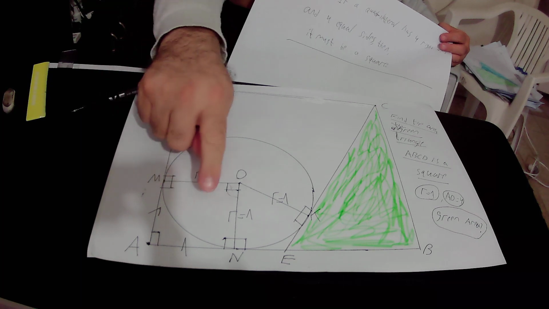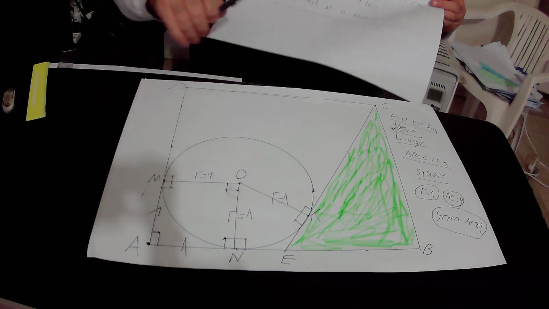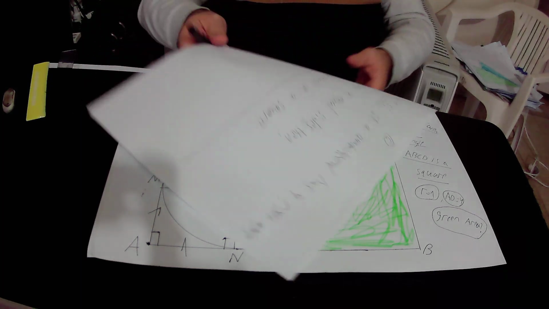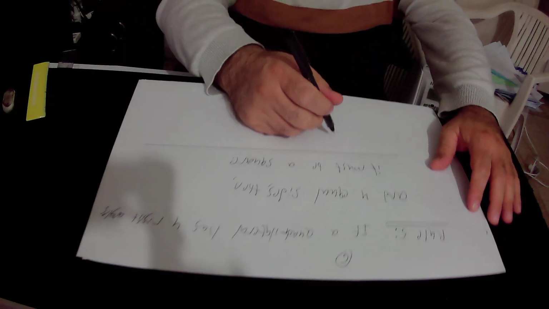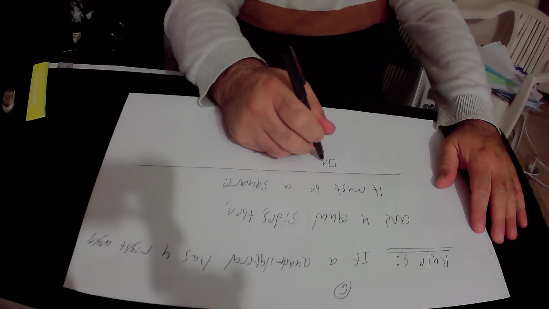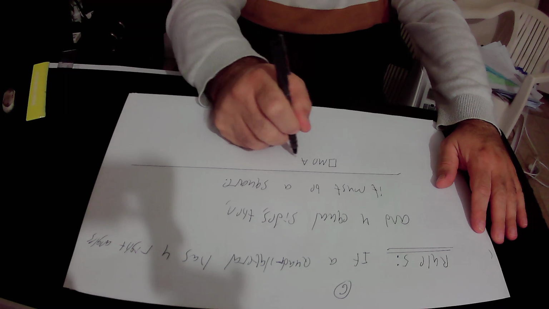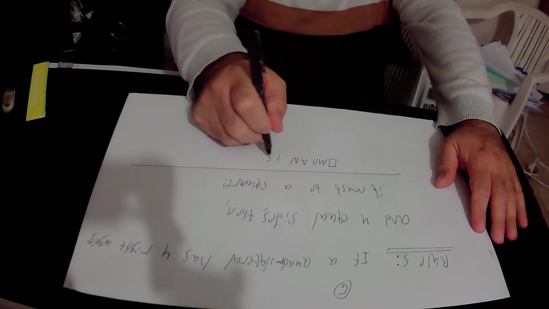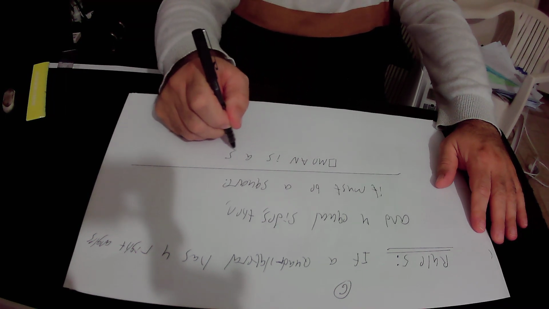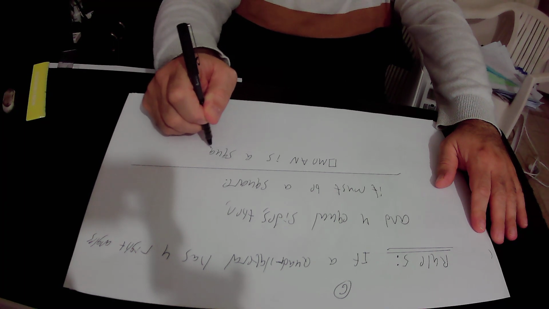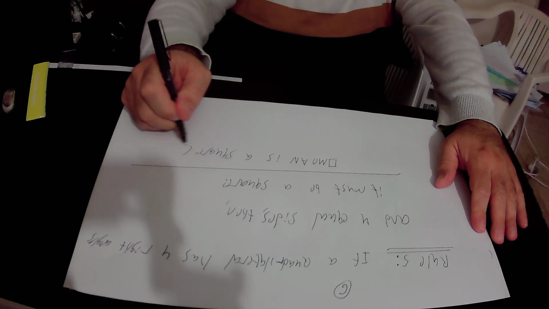All of its sides are equal to 1 unit. Therefore, according to rule number 5, quadrilateral MOAN is a square.